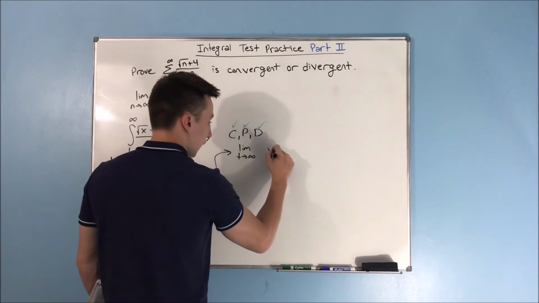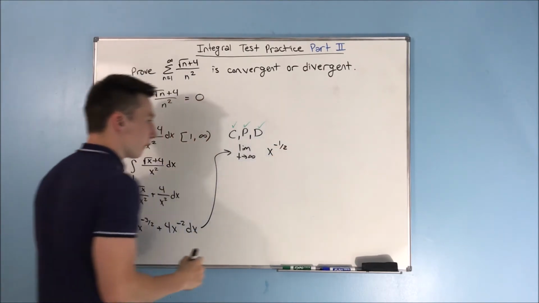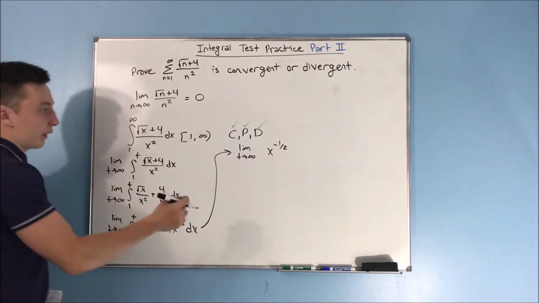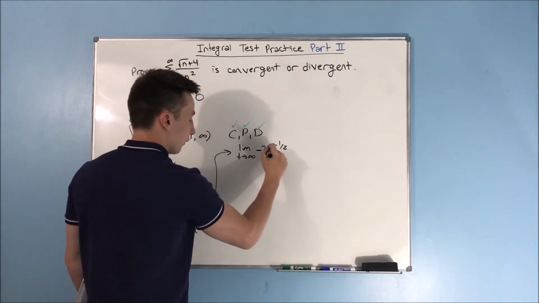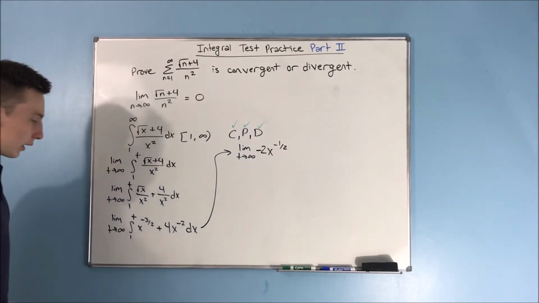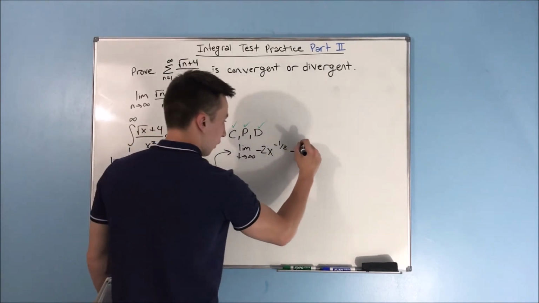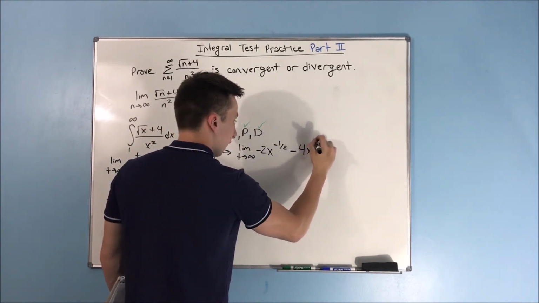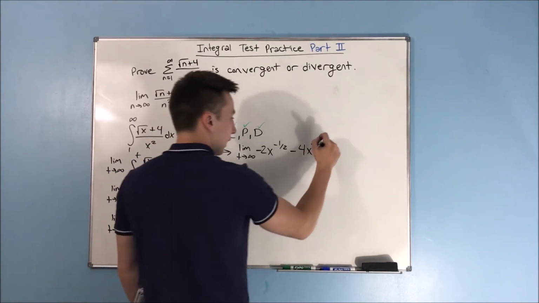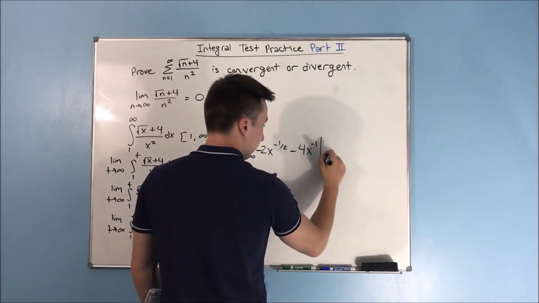So we get an x to the negative 1/2. And what's going to come out front? Well, that'll just be this out here flipped, which is negative 2. And when we do the integral of this, we get negative 4x to the negative 1. We need to evaluate that from 1 to t.